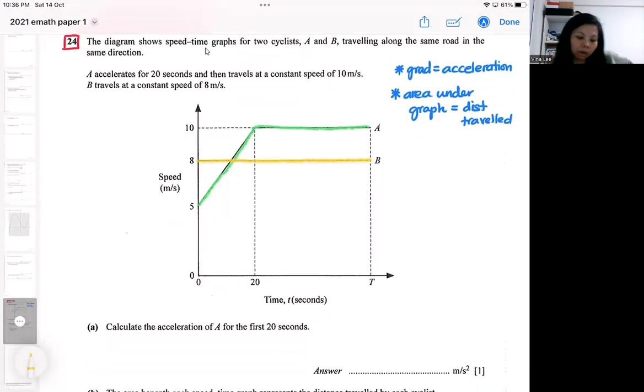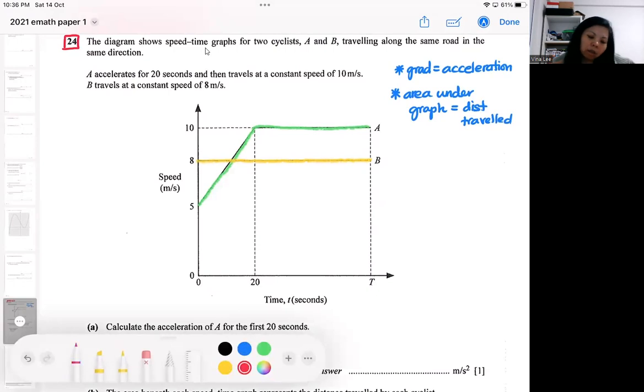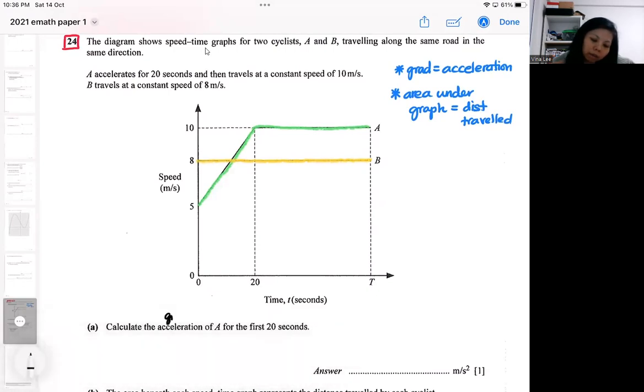Okay, so first of all, part A, your job is to find the acceleration of A for the first 20 seconds. So if you have written down the key feature, you will know that this is the gradient. So I'm actually interested in the gradient here. So do your way of calculating the gradient. Some of you might go for the coordinate method, change in y over change in x.